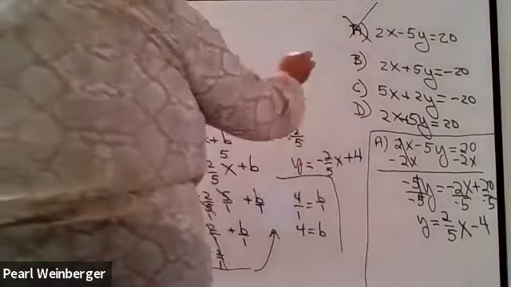That's not a fraction. And multiply everything. Remember I said one of the ways of dealing with equations with fractions is to get rid of the fractions by multiplying by the common denominator.